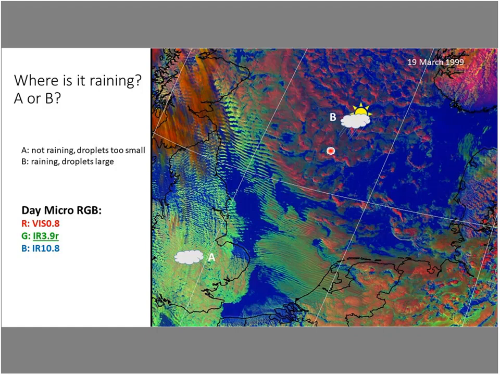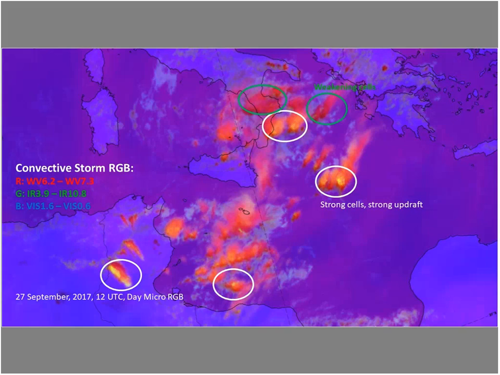We will continue now. Again, for the precipitation, we can use the convective storm RGB that I showed you even before with the dust. Convective storm, as its name says, is clearly meant to be used with convection, and the main signals for strong convection are the yellow signals, as I already mentioned. So we can clearly see here over the Mediterranean Sea and northern Africa some yellowish signatures in these cells.